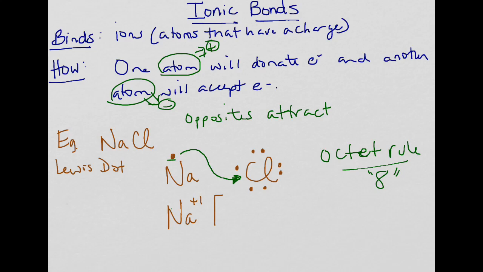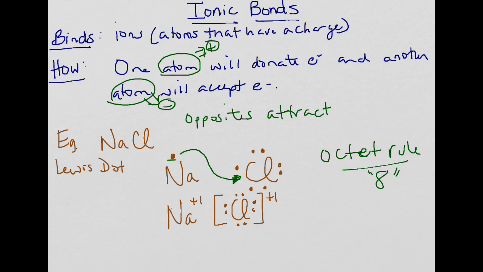So it will pick up a positive charge. It's going to get a positive charge because it lost an electron. And chlorine is going to get all of the electrons now, so it has 8.